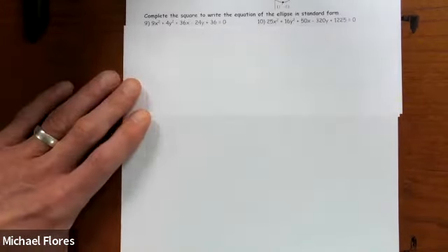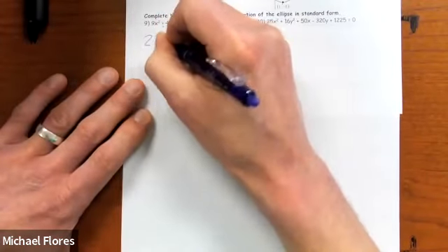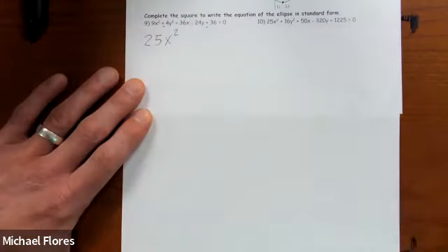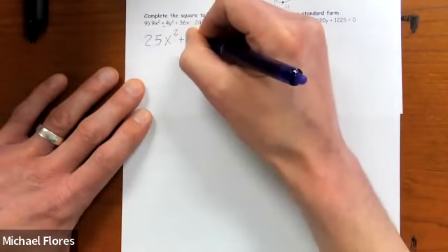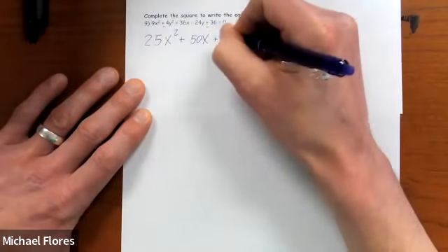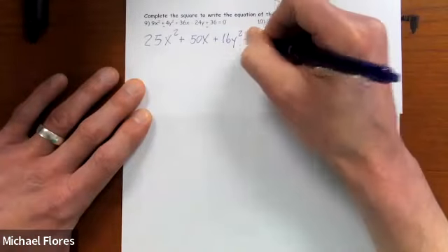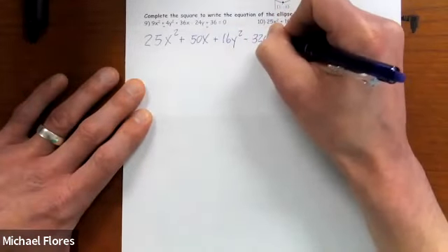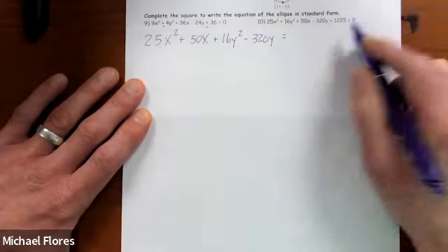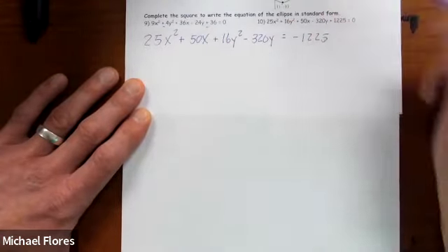Okay, last one. Let's bunch our X's together. Bunch your Y's together. Anything that doesn't have an X or a Y, swing it over to the right side of the equal sign.